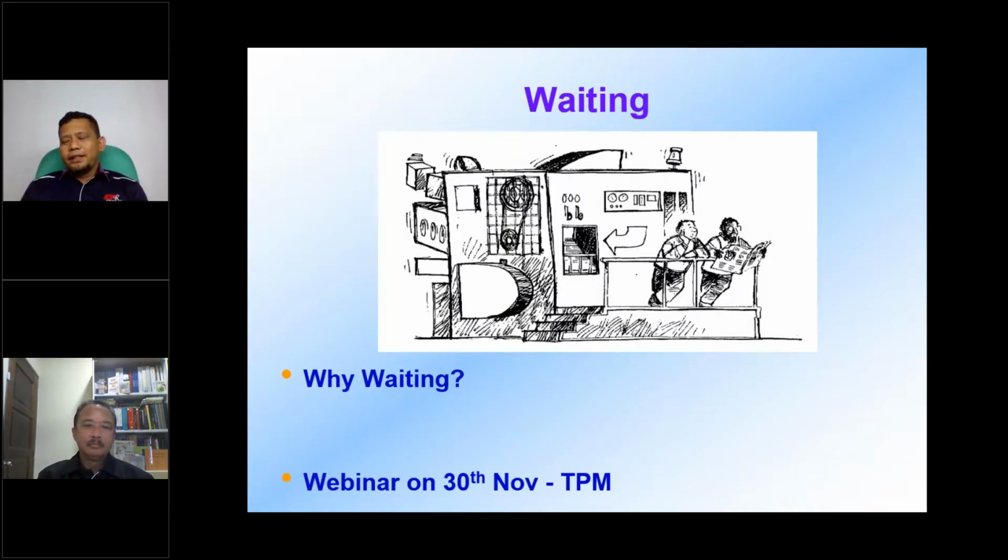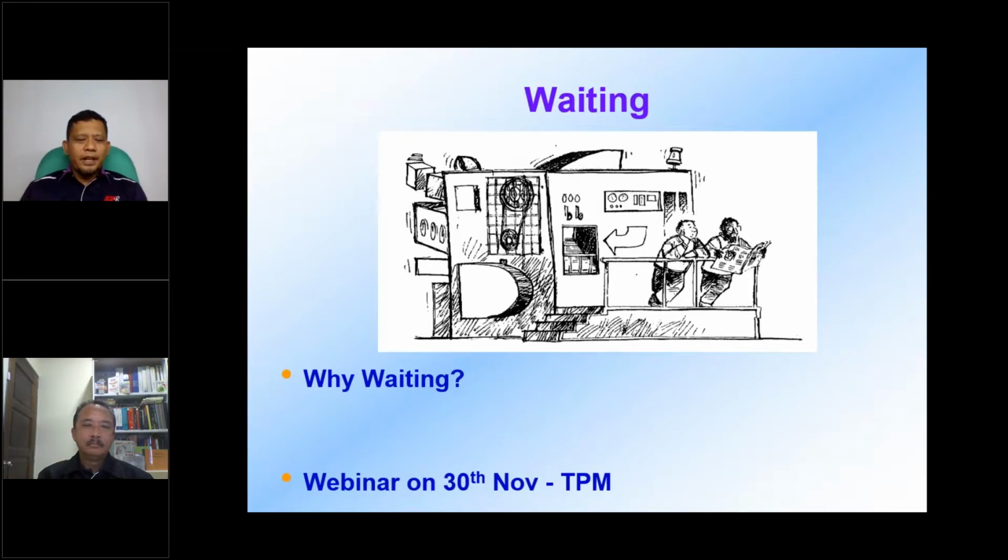Okay, so the second type of waste, I'm just going to go through this one quickly. Waiting happens, especially when you have the bigger reactor just now. The reaction time is 6 hours, 10 hours. So the operator in the control room has to wait for the process, and the people doing charging have to wait.